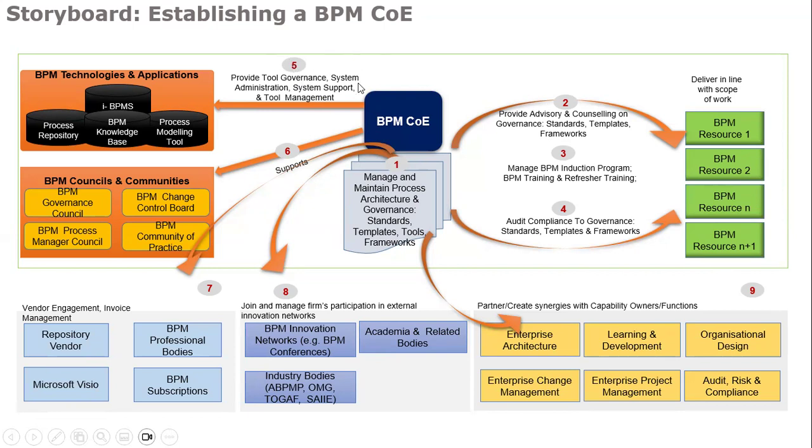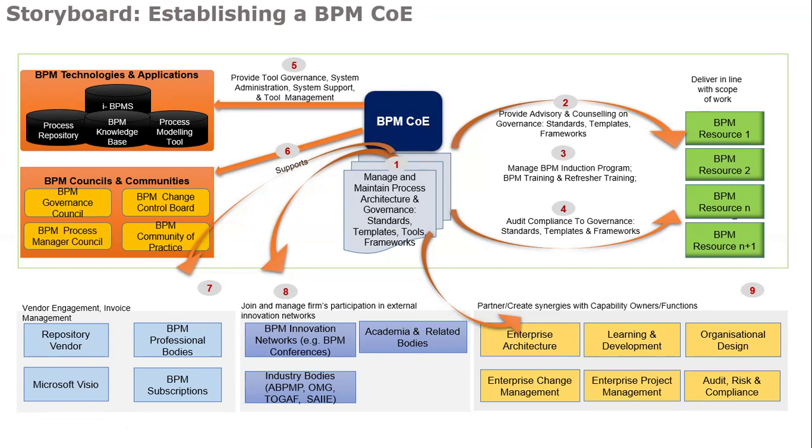The BPM Center of Excellence also provides governance around the tools and the repositories, etc. You'll see I've lumped together your BPM technologies and applications. So we could have an IBPMS, an Intelligent Business Process Management Suite. Here we're talking about Pega, we're talking about Software AG's webMethods.